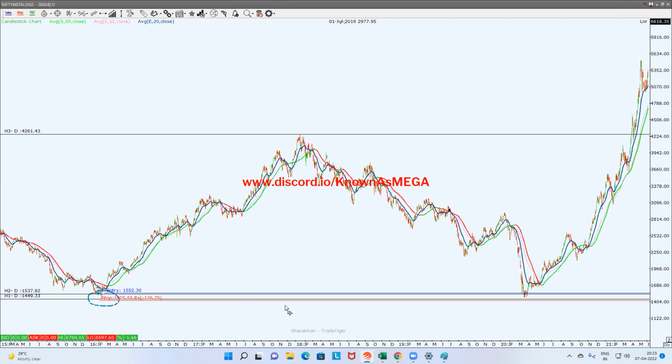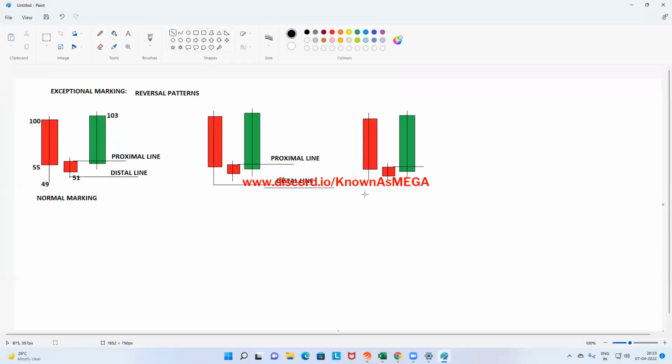Not only legging, whichever has the lowest wick. So understand this, guys. Forget about marking. Why you are seeing that point is because that is where the price reversed. Very simply, understand this. Now you tell me, where will my distal line be?